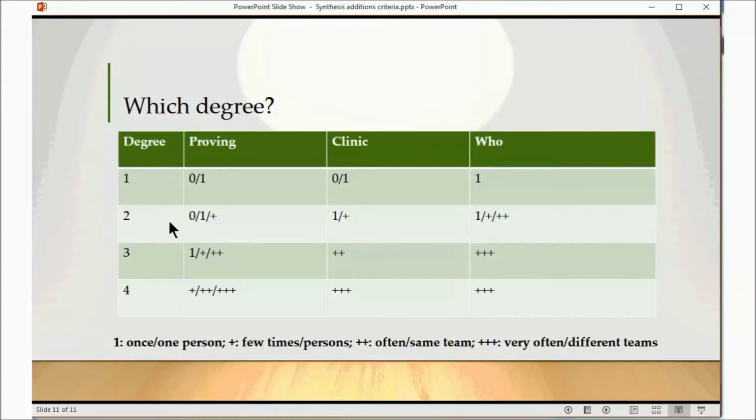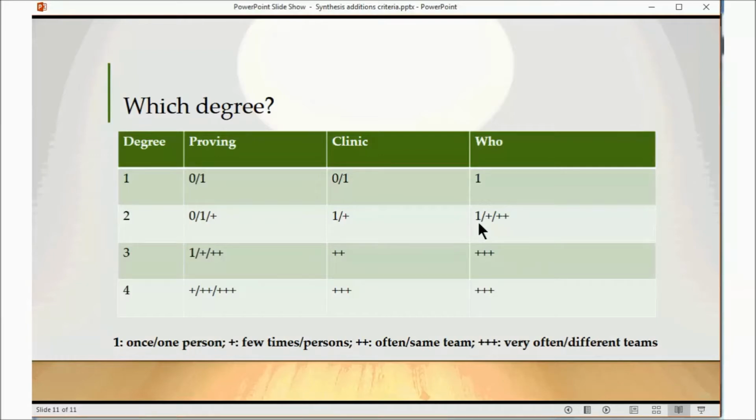I left the 0 here because I believe we can have situations where a symptom in the clinic is cured without it being present in the proving. Okay? And then who will confirm this? One person, possibly. Yes. Proving and clinic. Why not?